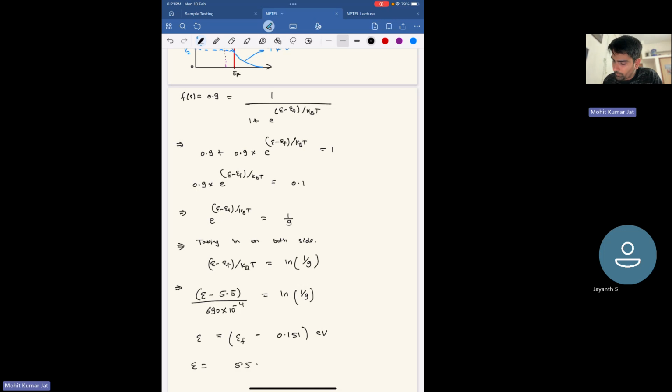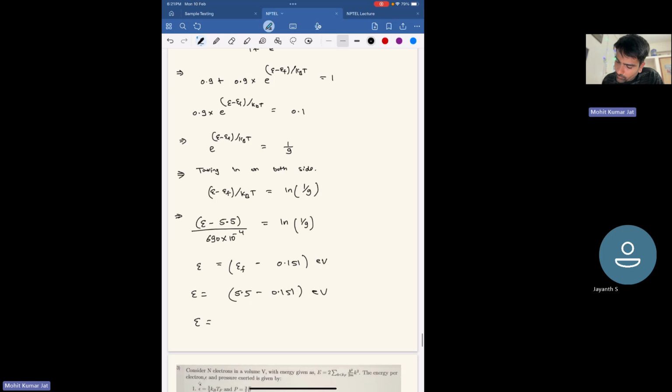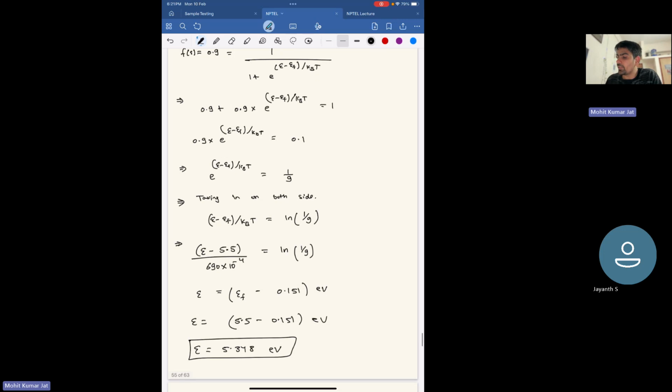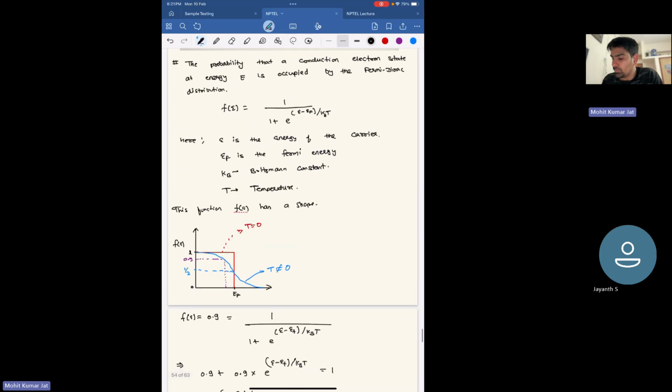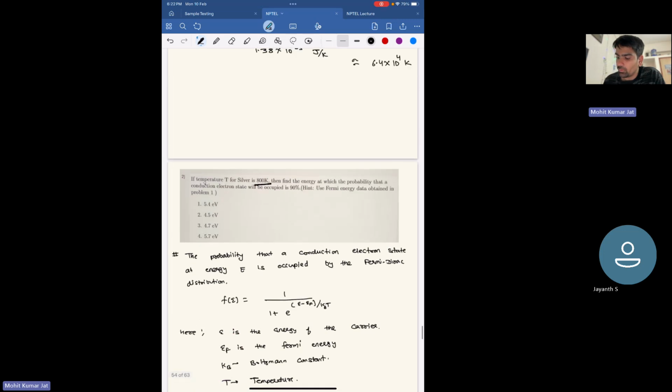So 5.5 minus 0.151 eV gives me E equals 5.348 eV. So this is the energy at which the occupation number will be 90%. Let's look. So the correct option is 5.4 eV.